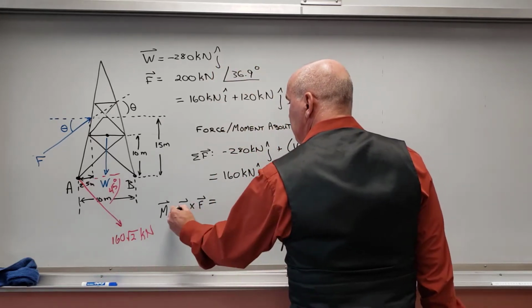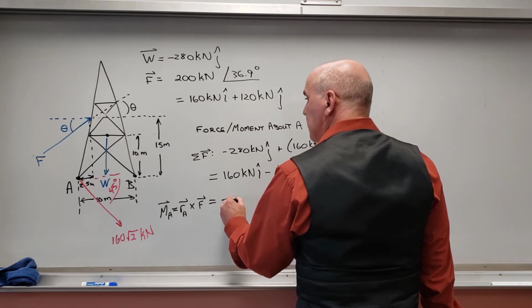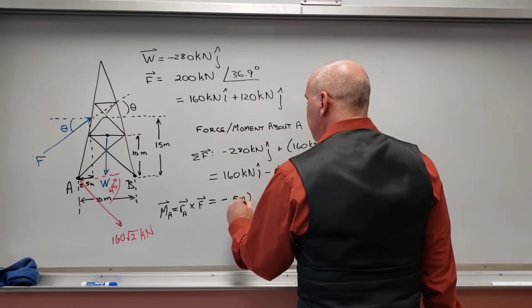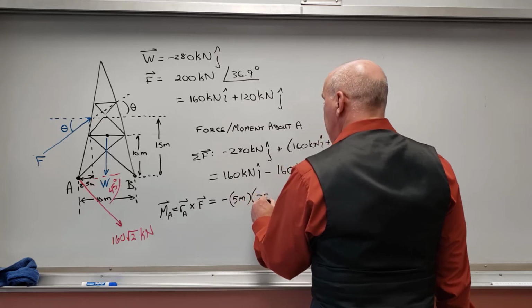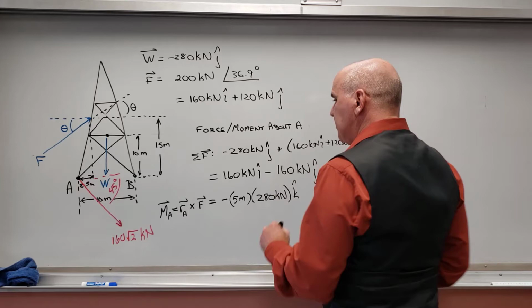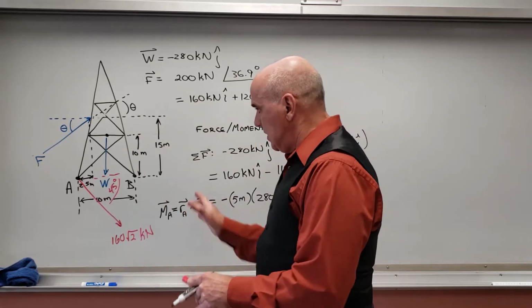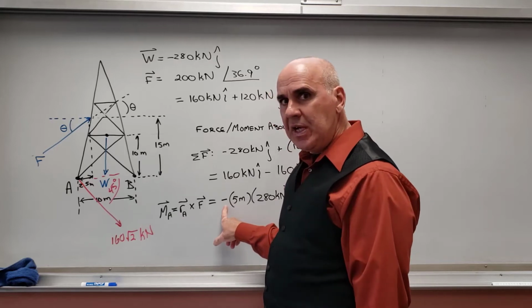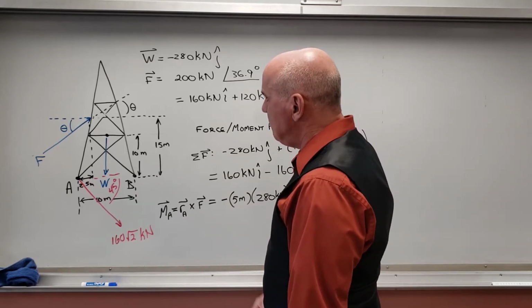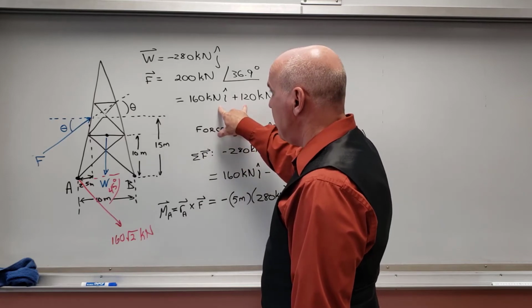So I'm going to put negative 5 meters times 280 kilonewtons. And that's in the k hat direction, right? The rotation is going to be in the k hat, in this case, into the board, hence the negative sign, okay? And then we've got this guy right here.